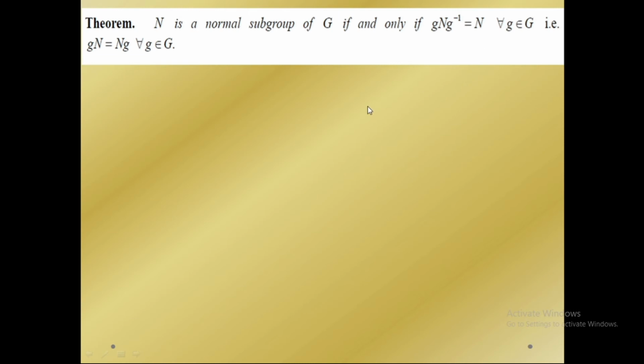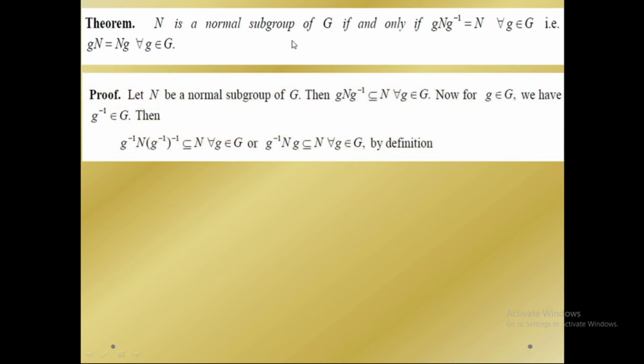So first we suppose that N is a normal subgroup. Then by definition, earlier we said that gNg^{-1} is a subset of N for every g belongs to G. Now for g belongs to G, we know that g^{-1} also belongs to G because G is a group.